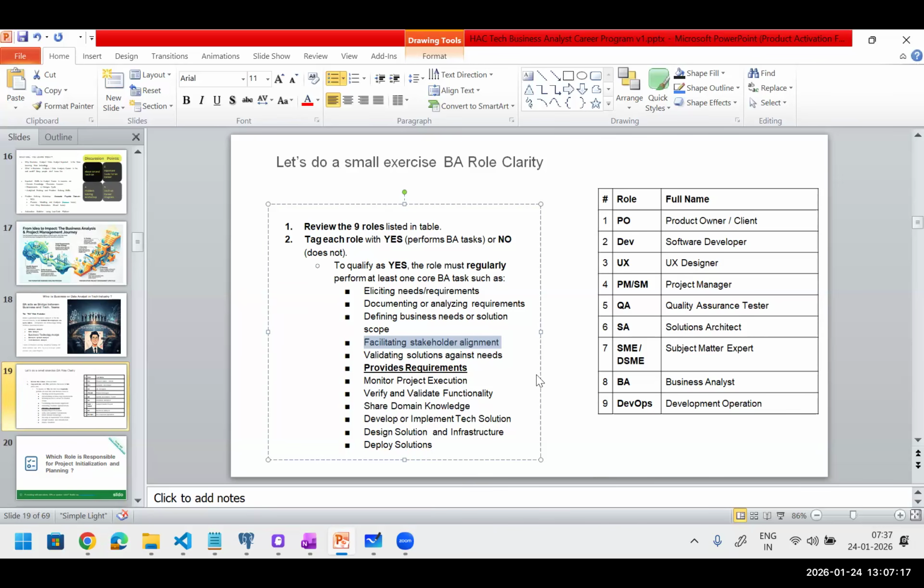Right. And who validates the solution? I'm asking one more question quickly, then we can move ahead. Thank you for all your activity: who validates solutions? Yes, quality, yes, test.